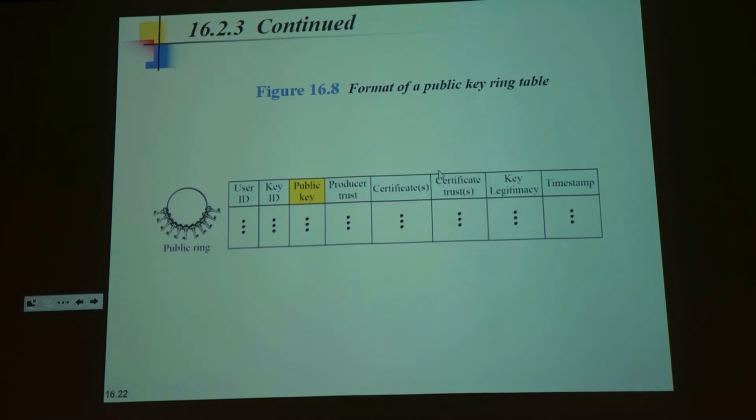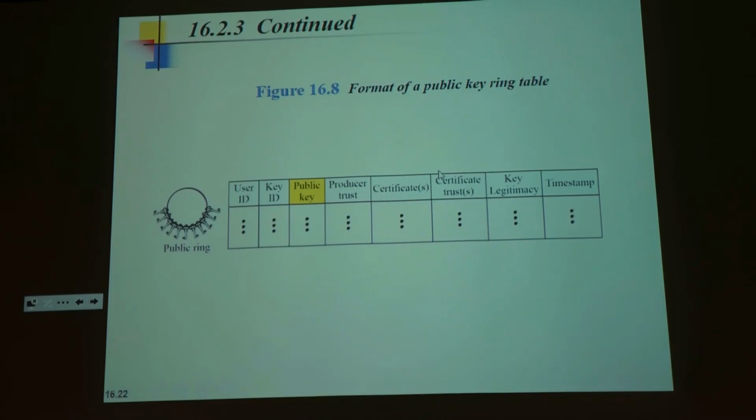This column defines the producer level of trust. In most implementations, it can be one of three values: none, partial, or full trust. We'll talk about it, but the producer trust could be one of three values.